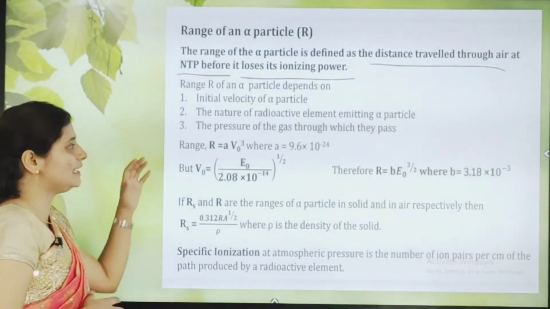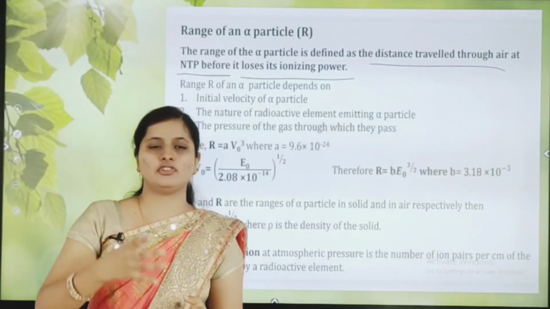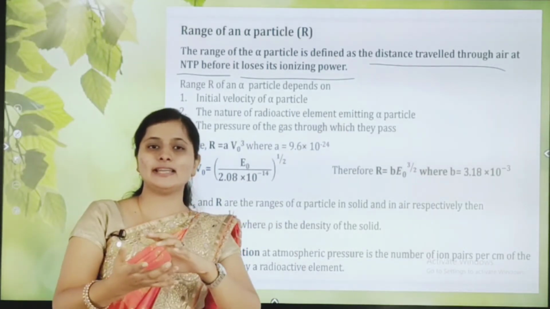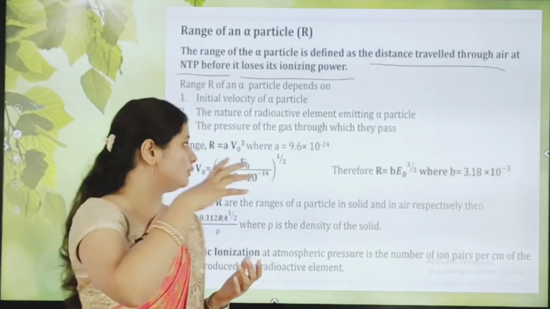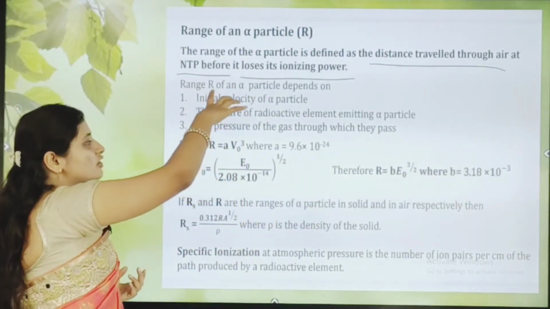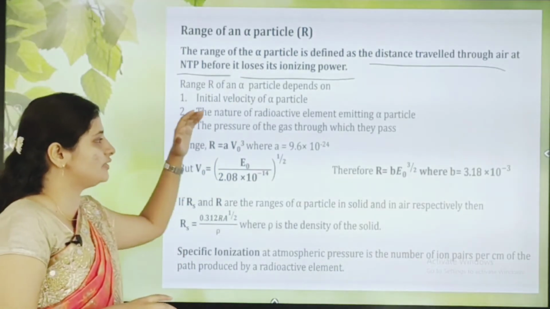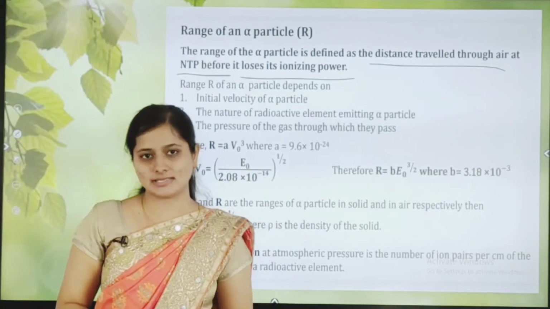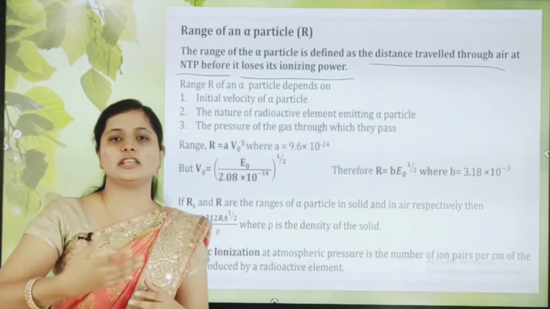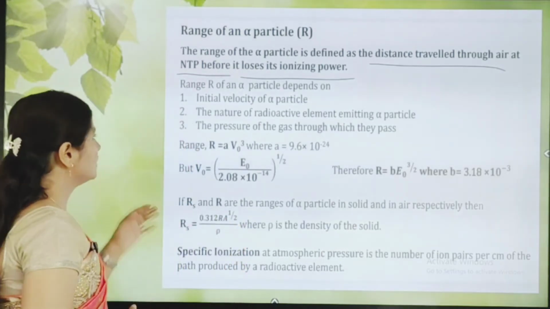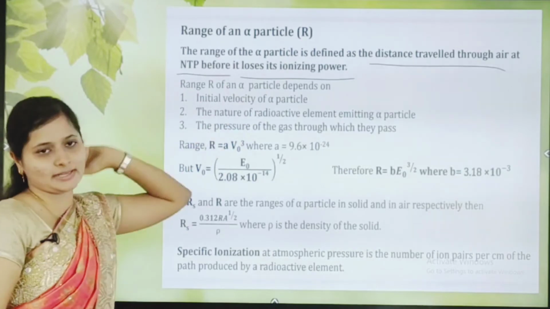Second is the nature of the radioactive element emitting the alpha particle, the element by which the alpha particle is emitted or ejected. Third is the pressure and nature of the gases through which it passes. So the alpha particle range depends upon three factors.